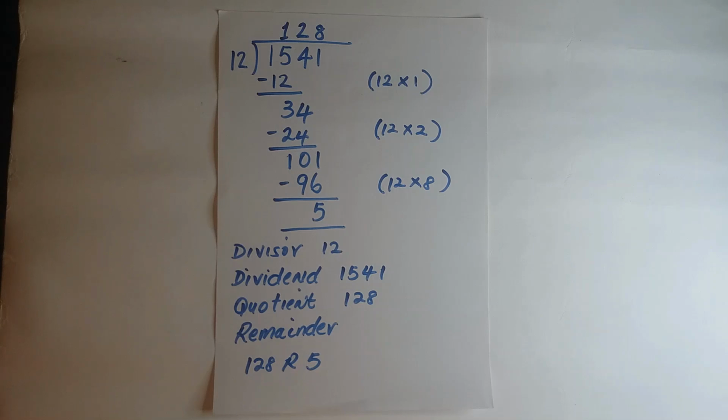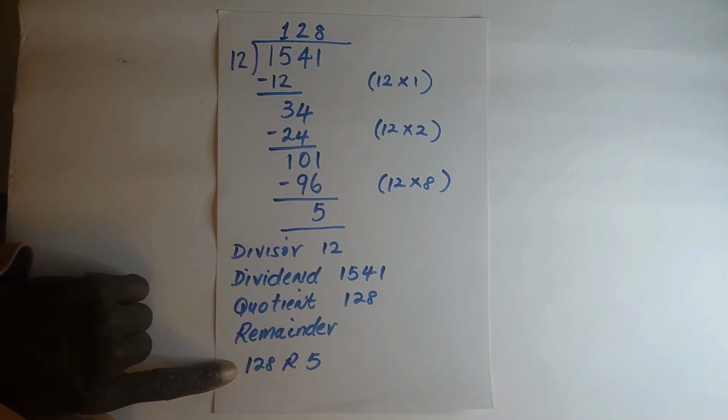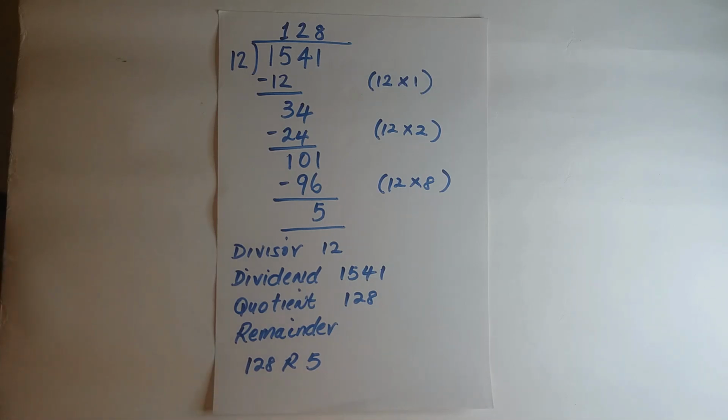And that explains what this actually indicates: we've been able to divide 1541 into 128 equal shares, and then we have a remainder that cannot be shared out, which is 5.